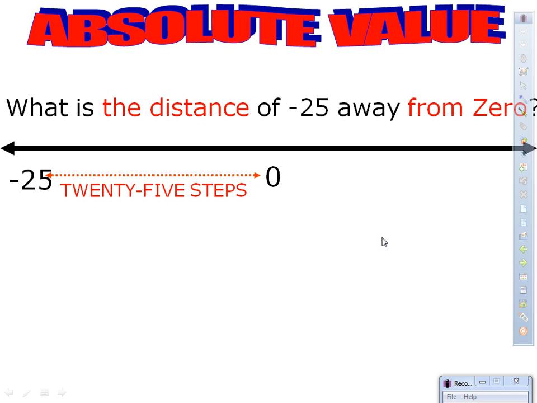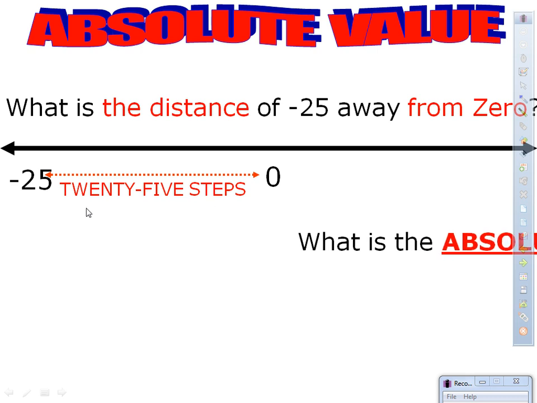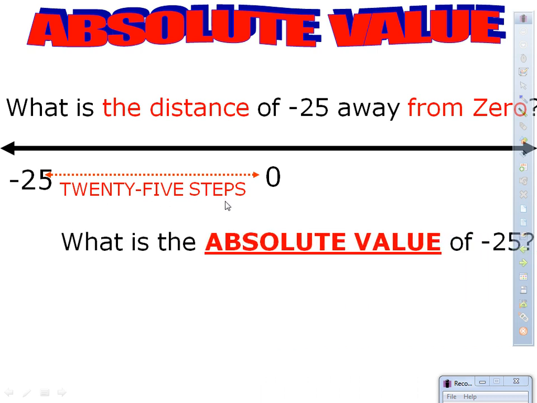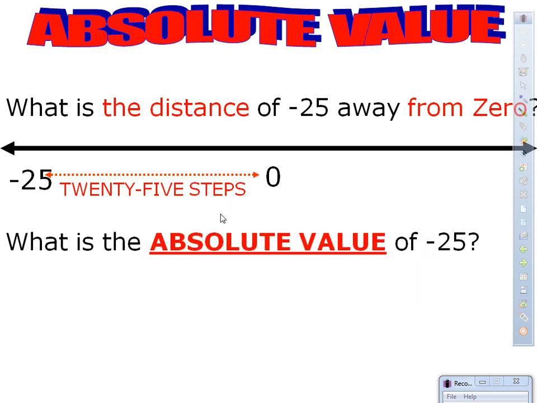Is that person going -1, -2? No, right? We always count in positive numbers. That's why we said 25 steps. We didn't say -25 steps.